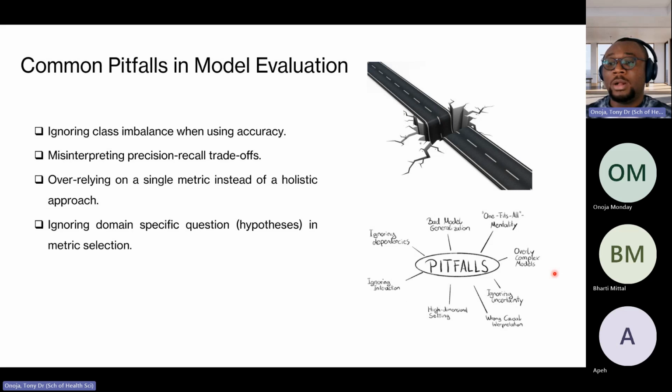For example, convolutional neural networks perform well when you have an image data set. So I don't think it makes sense using a convolutional neural network for a tabular data set. So choices of the model and all that matter.